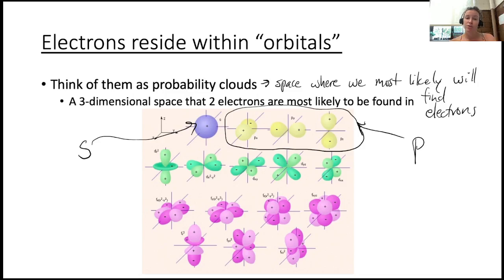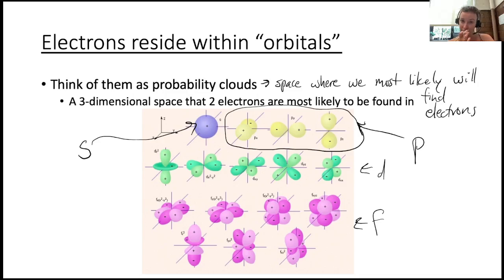And so this shows you some additional space that electrons are likely to be found in. And then we just get more and more complicated, folks. There are all sorts of d orbitals and even more types of f orbital. But what we should understand is that an orbital is the space where we are most likely to find electrons.